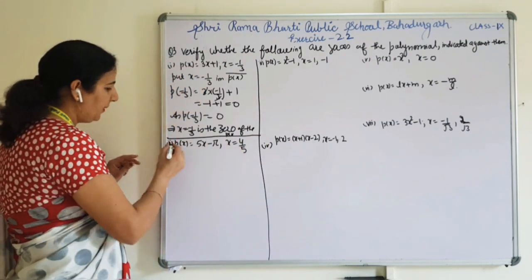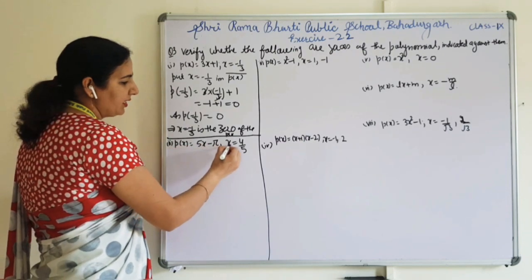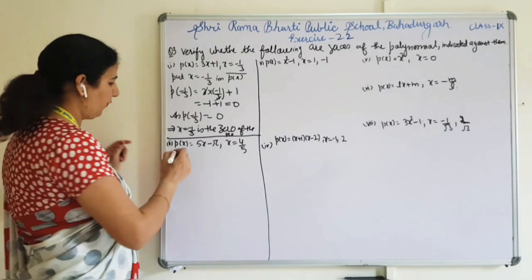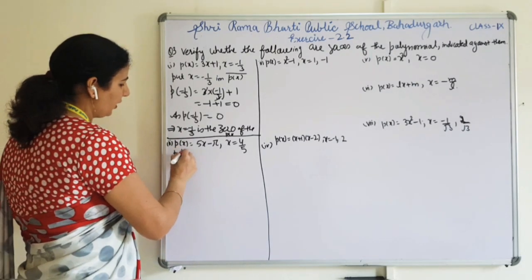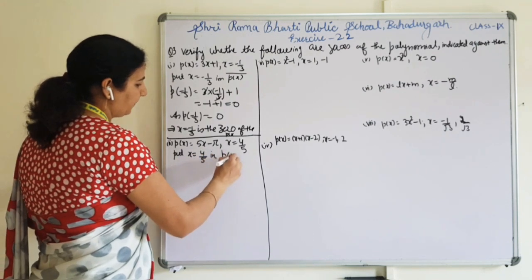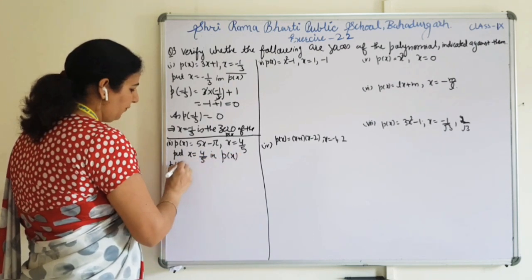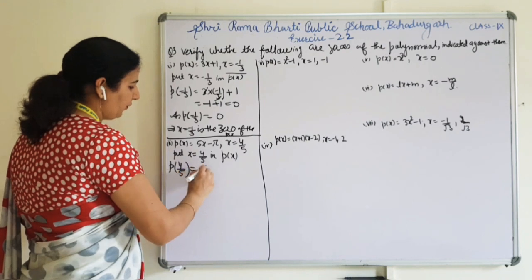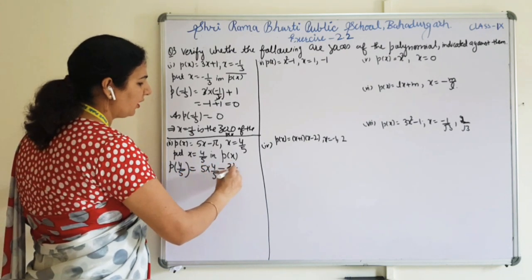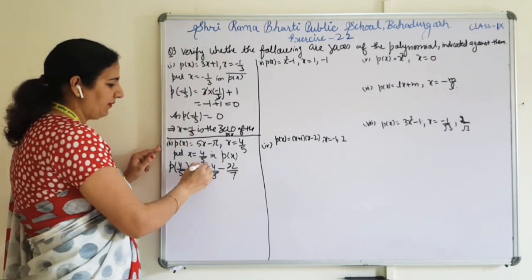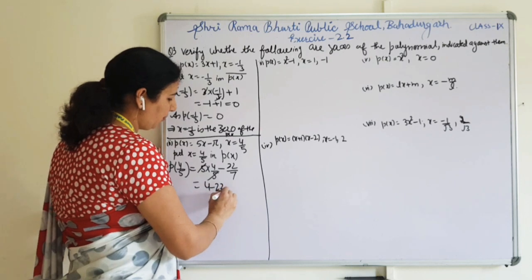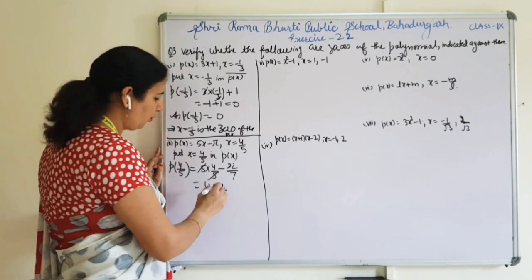Next is p(x) is equal to 5x minus pi. And what is the value they have given for x? It is 4 upon 5. Now put x is equal to 4 upon 5 in p(x). Then p(4/5) is equal to 5 into 4 upon 5 minus pi. You can also put the value of pi, 22 by 7. 5 and 5 cancel. 4 minus 22 upon 7. 7 4s are 28.